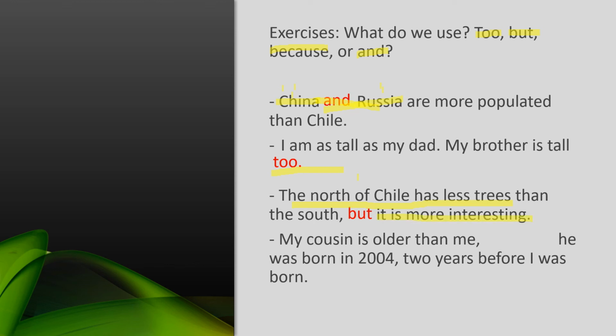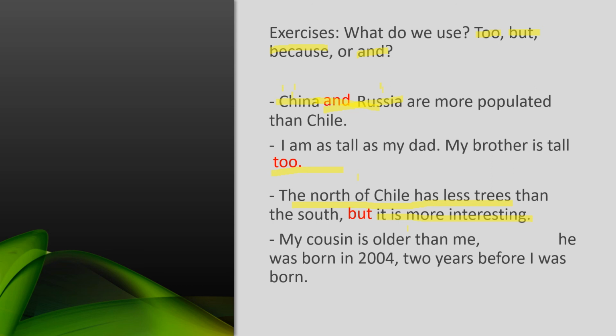In the first sentence we talk about less, and in the second sentence we talk about more. So we are making a contrast. That's why we are using but. It has less trees, but it is more interesting.